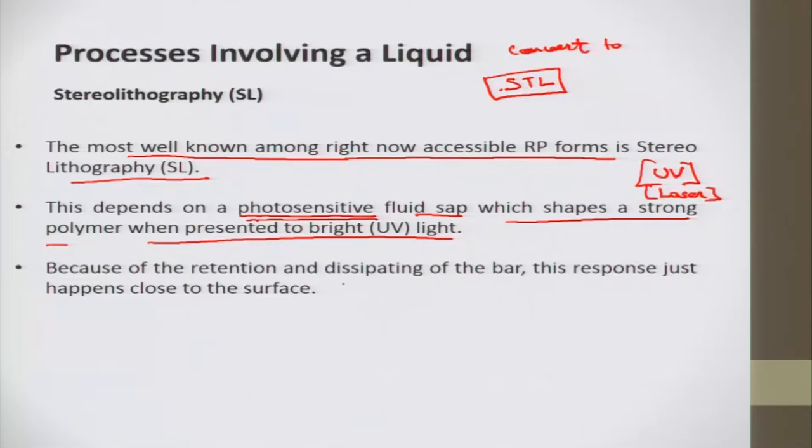Because of the absorption and scattering of the beam, this reaction just happens close to the surface. So, in this case this produces some pixels, or better to call them voxels. Voxels are actually 3-dimensional pixels.